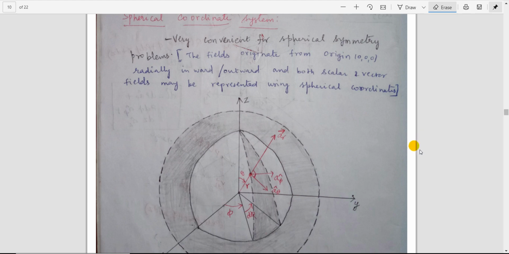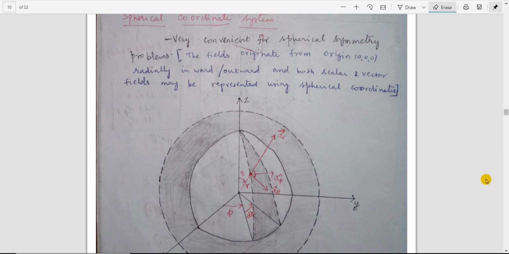So we need to use the cylindrical coordinate system for finding the electric field or magnetic field of that particular wire.